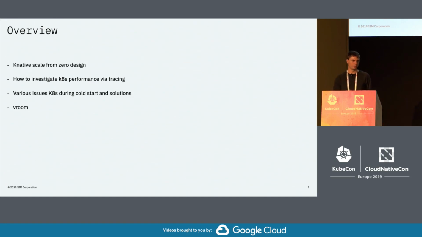Then through that process, we're also going to look at how we can use the information we get from these spans to find some maybe novel techniques or some clever solutions to beat the performance characteristics we're seeing. And lastly, but most importantly, we're hoping to actually get a result out of this, which is faster cold start performance.